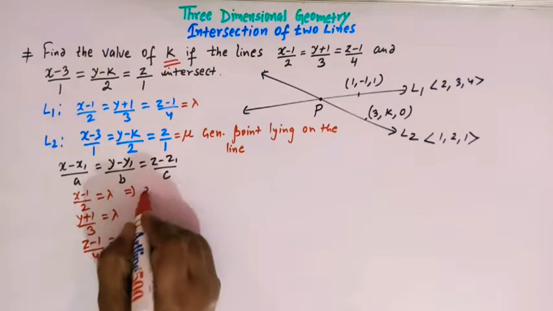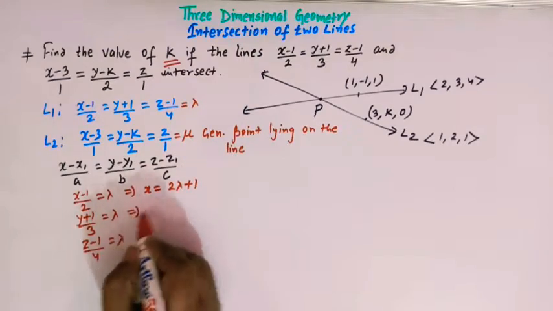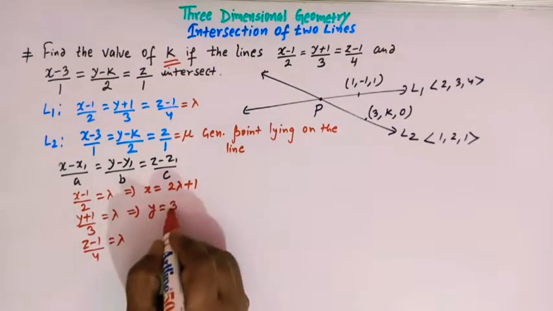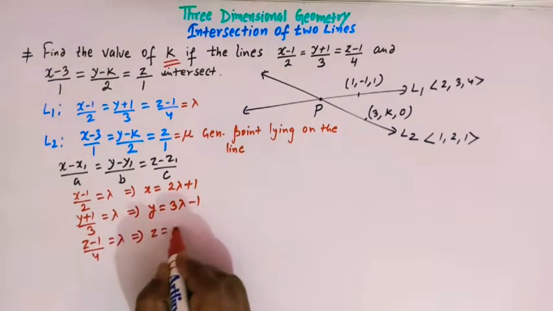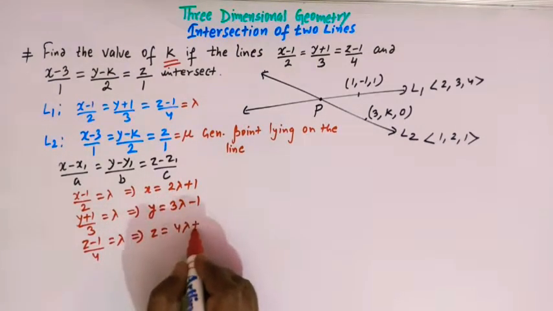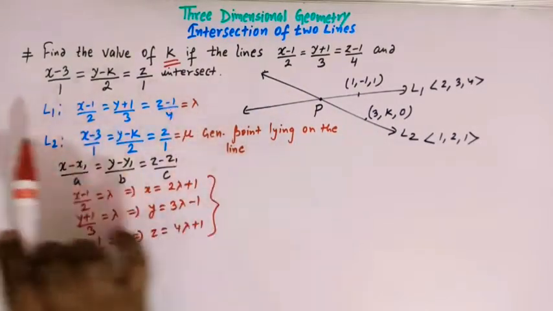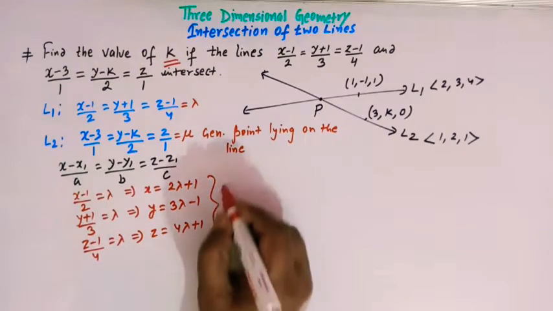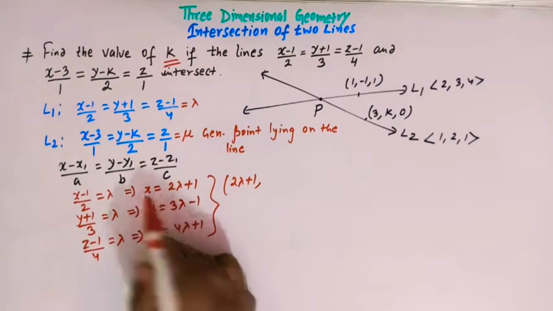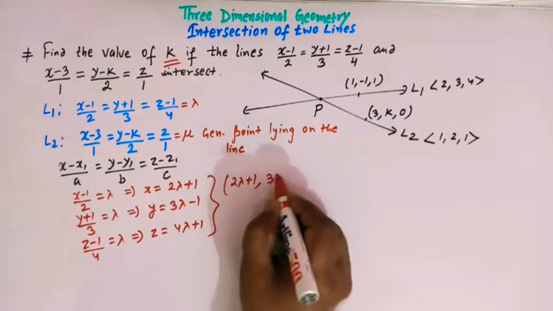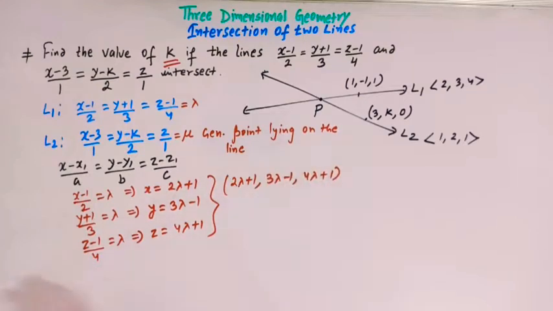So from here we have x = 2 lambda + 1, y = 3 lambda - 1, and z = 4 lambda + 1. So the general coordinates lying on this line L1 are given by (2 lambda + 1, 3 lambda - 1, 4 lambda + 1).